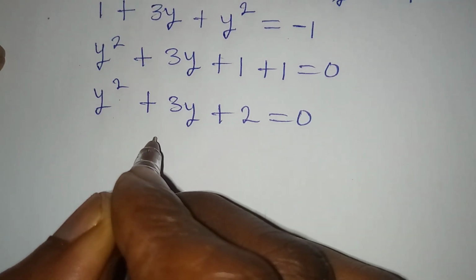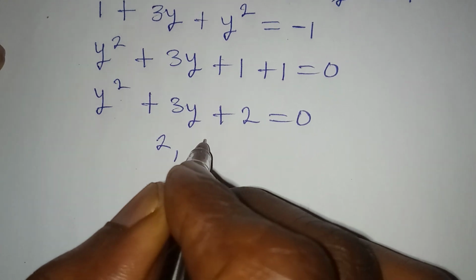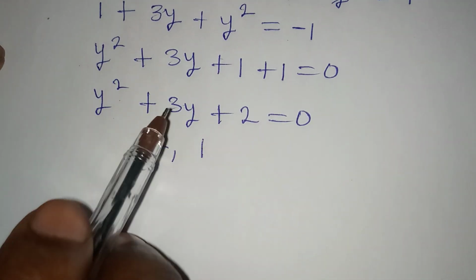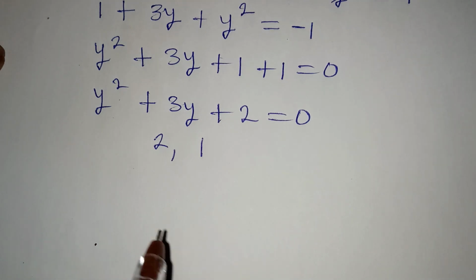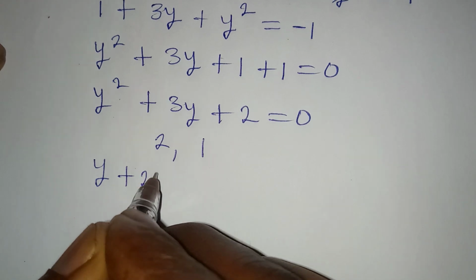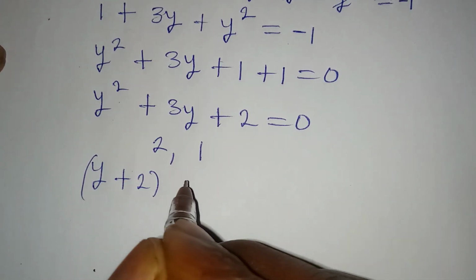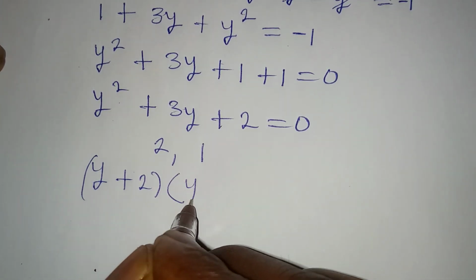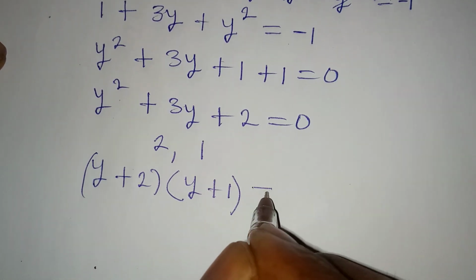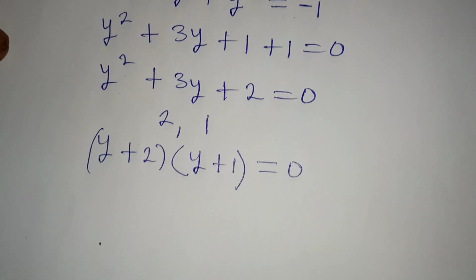The numbers are 2 and 1. Then 2 plus 1 will give us 3, right? So that means it's working. Meaning that the factors are y plus 2, because these are positive numbers, and then y plus 1. So these are the two factors, and they are equal to 0.